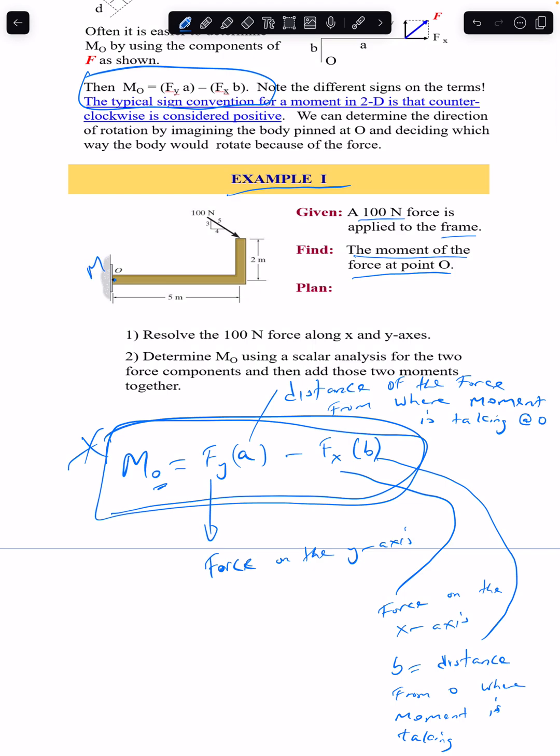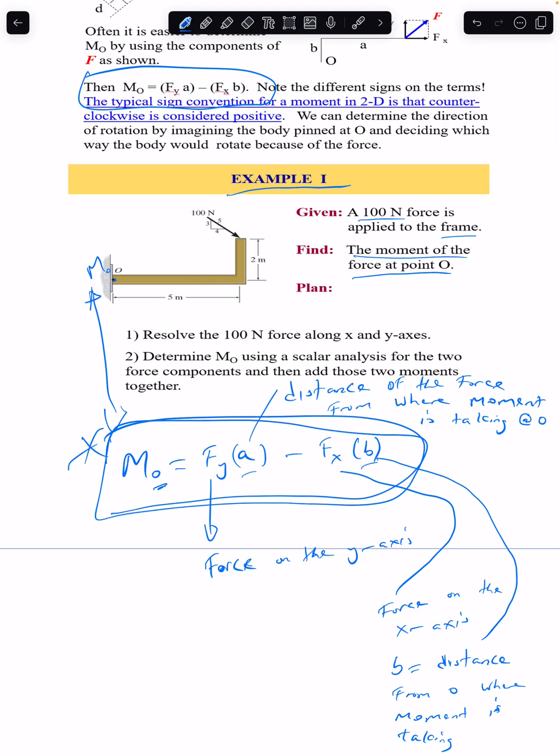So the moment at point O, this is the formula we have to apply to solve. To do that, we must be able to solve for the force on the x and on the y and multiply by their respective distance from where the moment is taken.